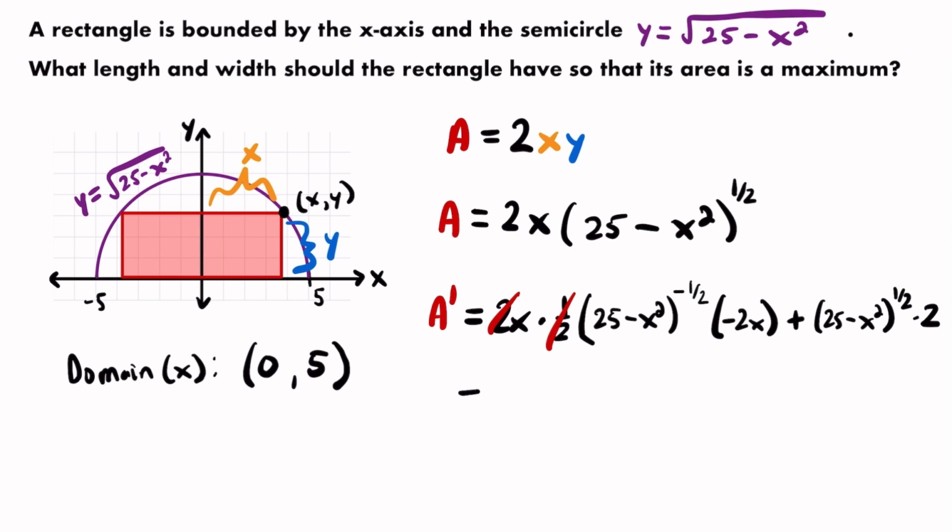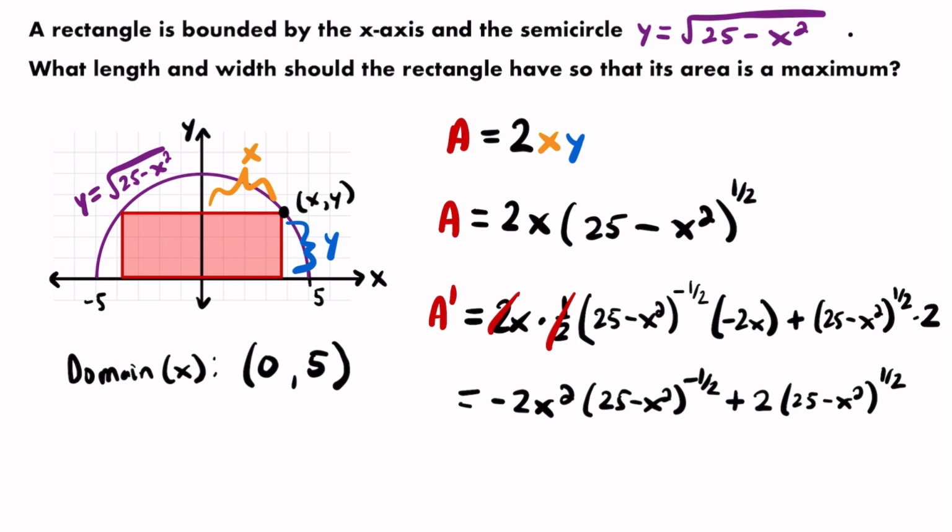So a prime will be equal to negative 2x squared times 25 minus x squared to the negative 1/2 power. So I'll write that, 25 minus x squared to the negative 1/2 power. And then we're adding that to 2 times this quantity. So we'll have 2 times 25 minus x squared to the 1/2 power.